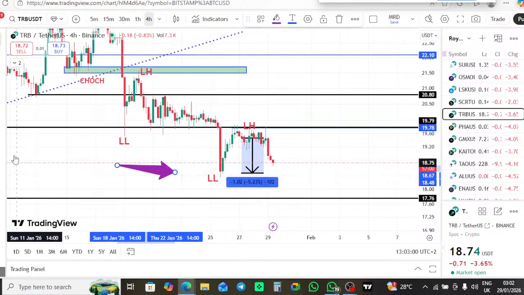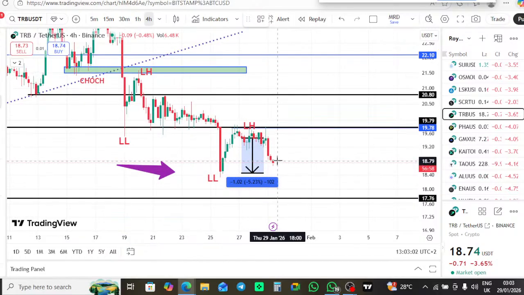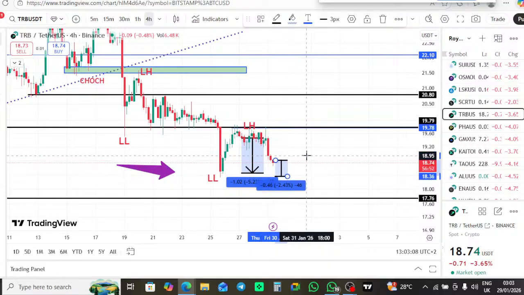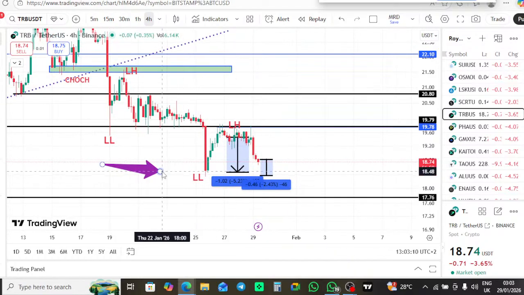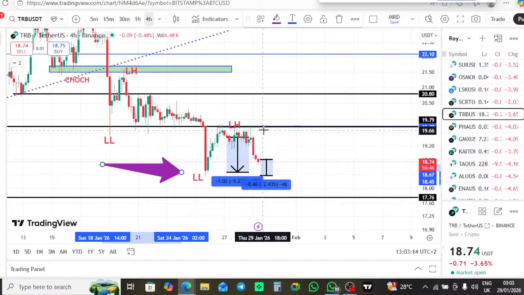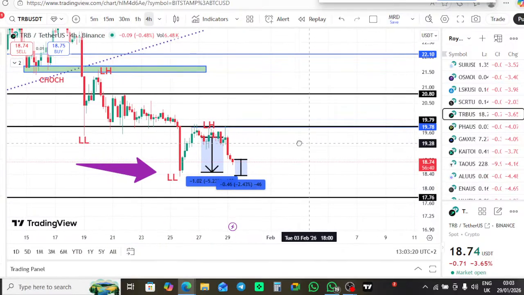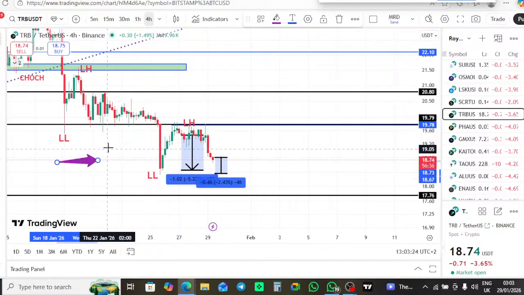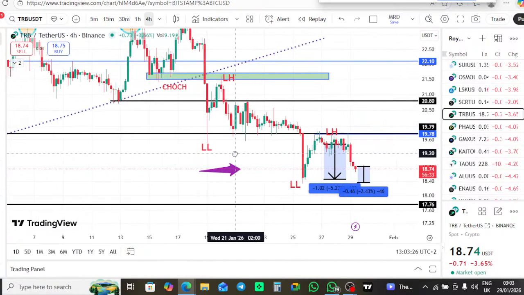And now I entered from here, and now I want the take profit of 2%, which will be around 20%, and to take off this to form another lower low, and my stop loss is here. You get the point? So I'm still in. Yes. So I'm targeting this level, and it's why it is coming. It will come there.